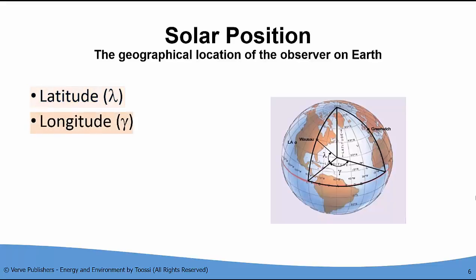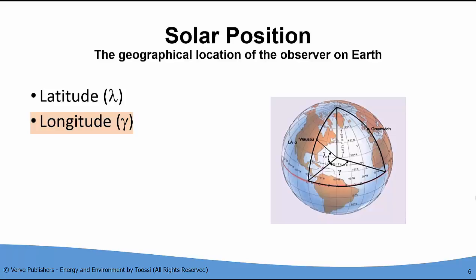The second angle is the longitude. That's the angle that determines our position with respect to an imaginary circle passing through the city of Greenwich in England. So if you are in Greenwich, the longitude is 0. As you go toward the east, the longitude becomes positive.